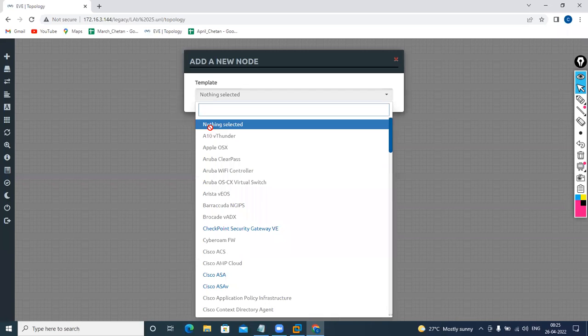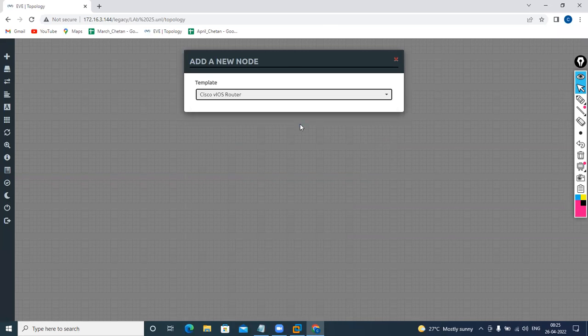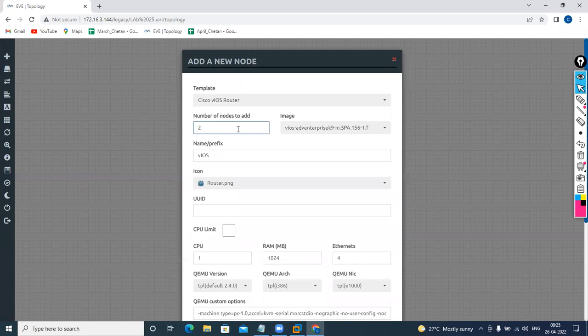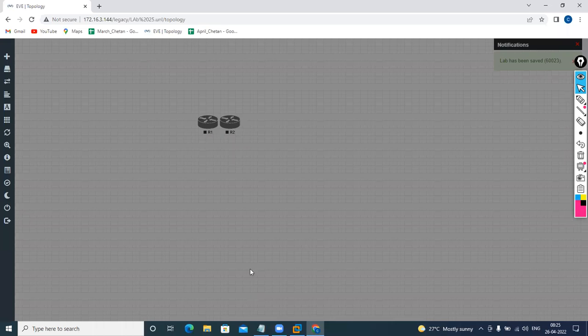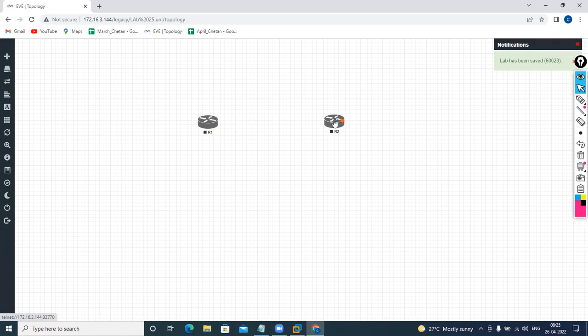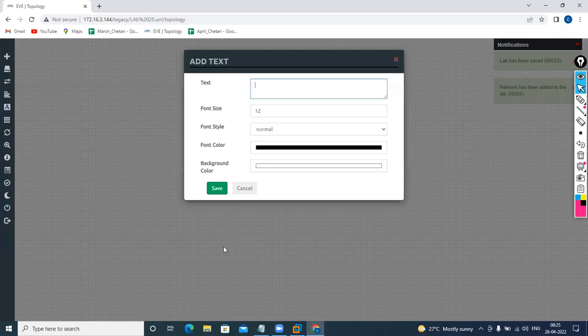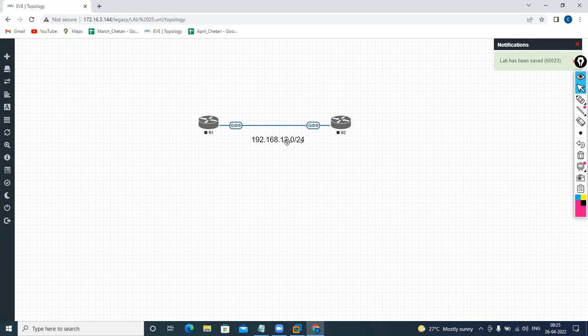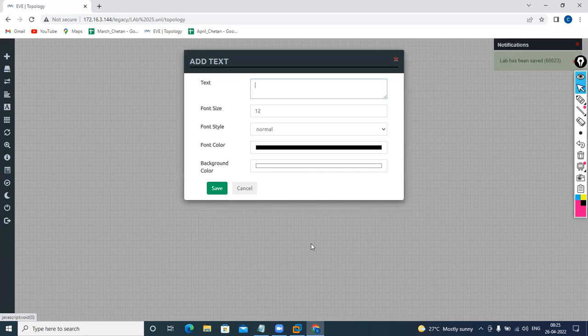So we'll take two routers. So the IP address will be 192.168.12.0/24. Dot one.